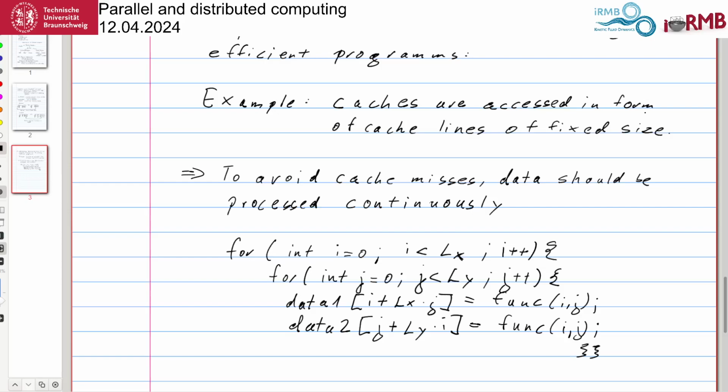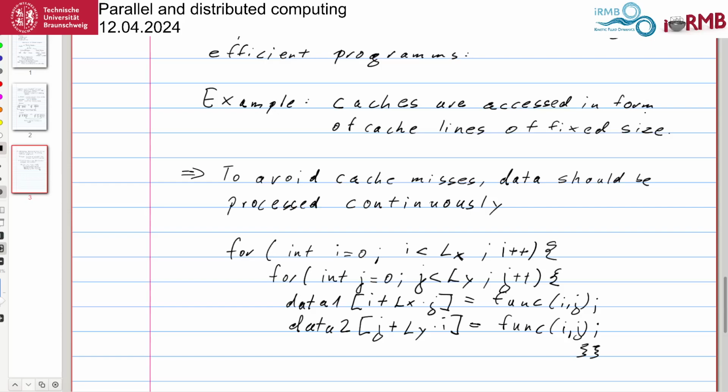Who thinks that the second is worse? I just have a question. So this I plus Lx times j, or this type of array, is a way to write in one dimension? Yeah, they have only one index, so this is one-dimensional. There's no comma in between.